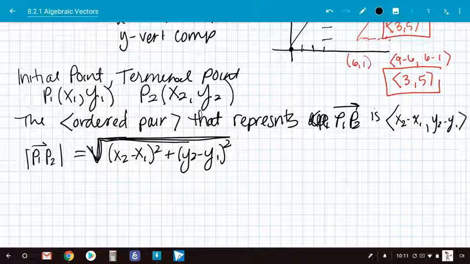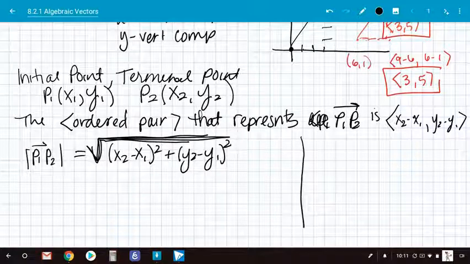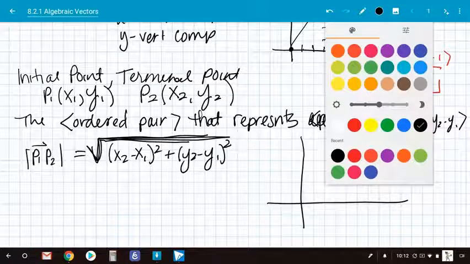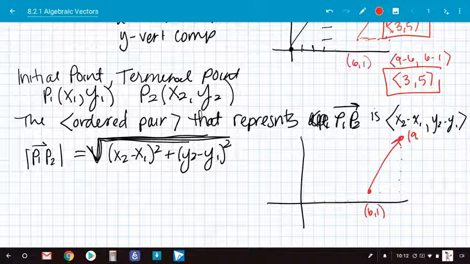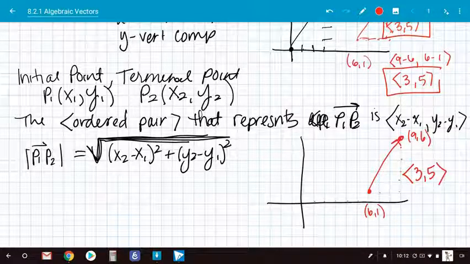It'd be all under the square root. So what did I have? 6, 1. So here was my vector, and we found the address, or the pointy brackets.